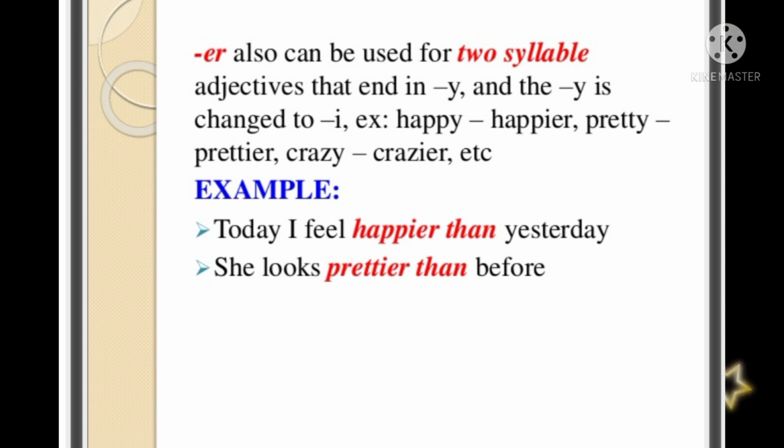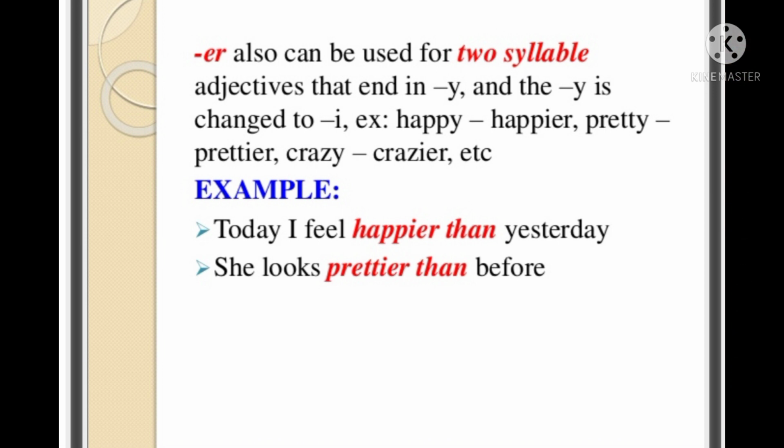Those adjectives which end in y, you can add er. For example, happy, a two syllable word. It ends in y, so we use er by changing y into i.